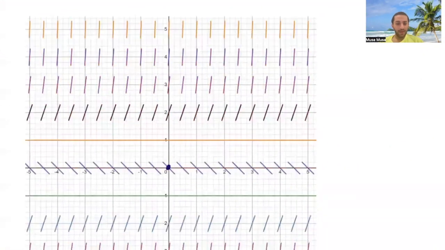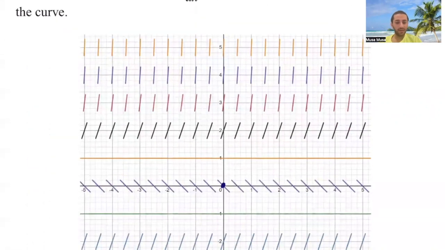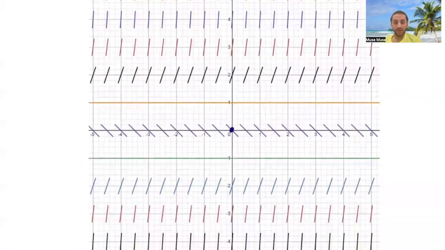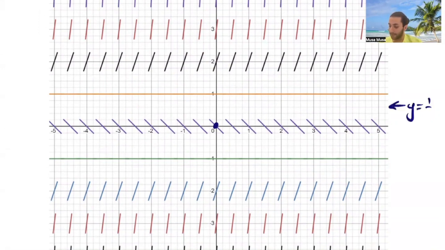And what's happening? Okay, I feel like I don't have enough lines here. This is my issue. What I think I should do, because they've sort of just gone up by ones, is put in maybe a half. What's happening at y equals a half and at y equals minus a half?